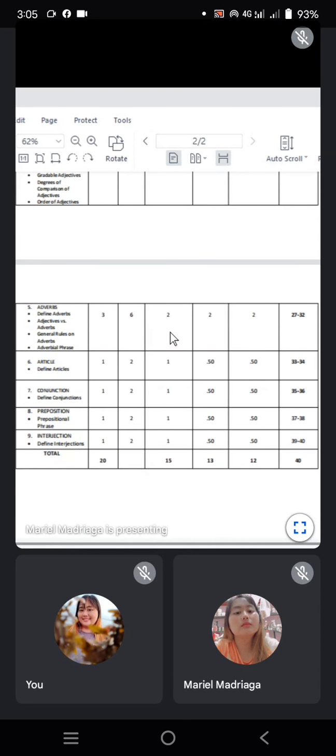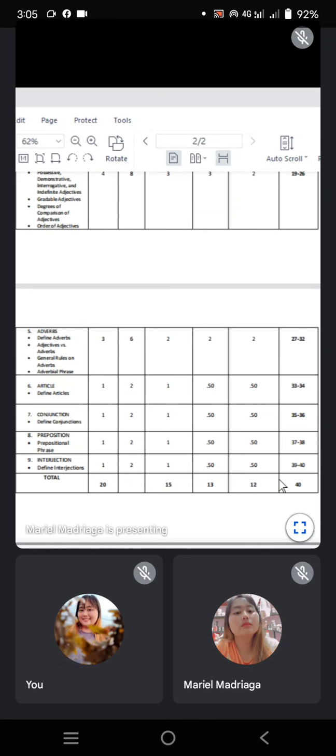I totaled from nouns to interjection and I got 15 for understanding. Same goes to the application. Here I got 13 and the memorization I got 12. And when you add these 3 corresponding totals of that cognitive domain, I got 40 here.